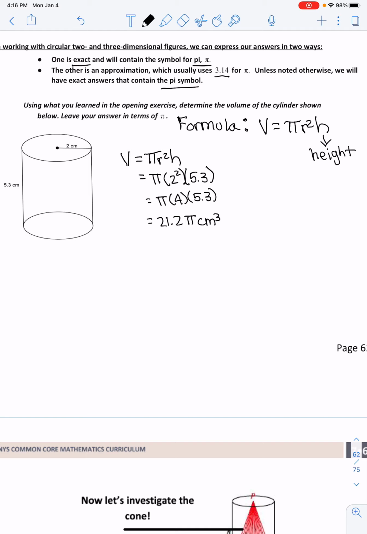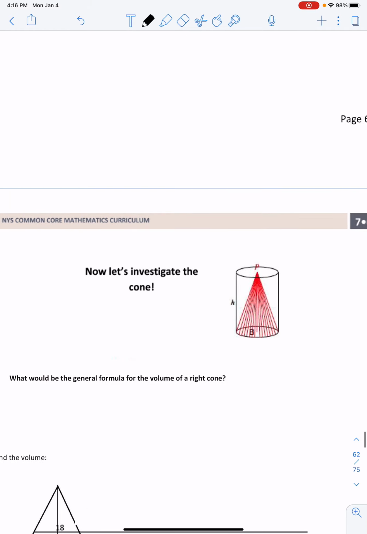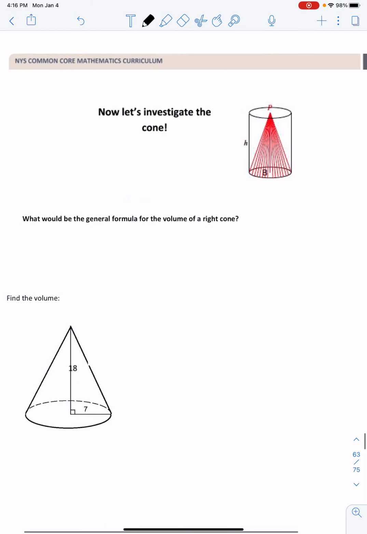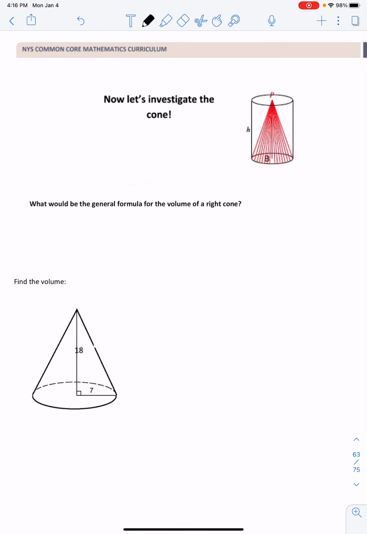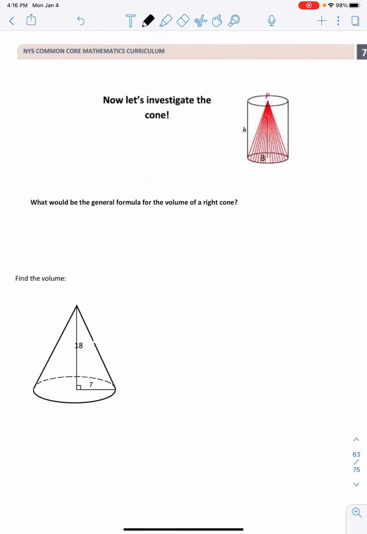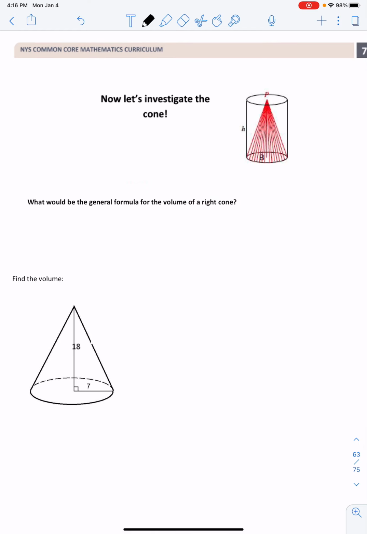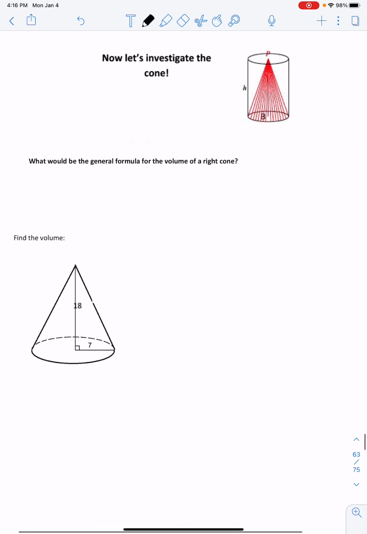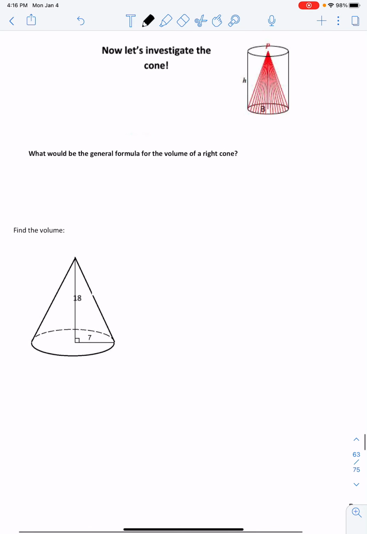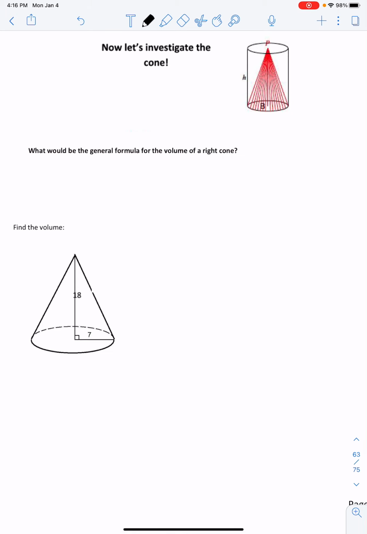Next, we have our cone. So now let's investigate our cone. Here it says, what would be the general formula for the volume of a right cone? The volume would equal 1/3 pi r squared h.